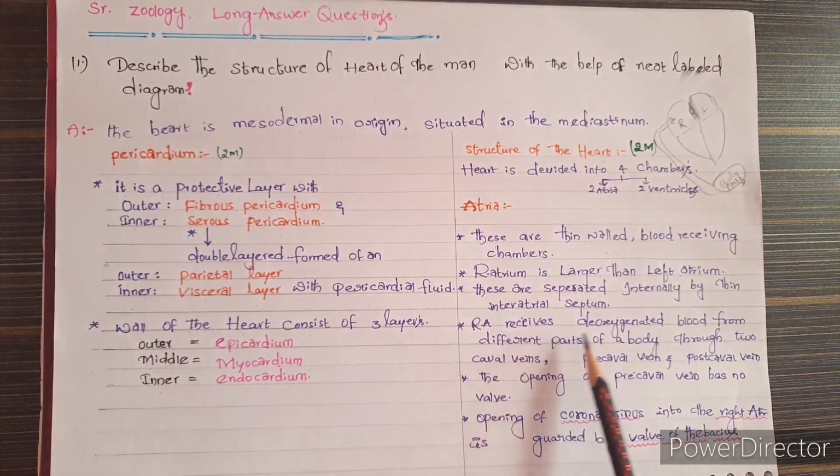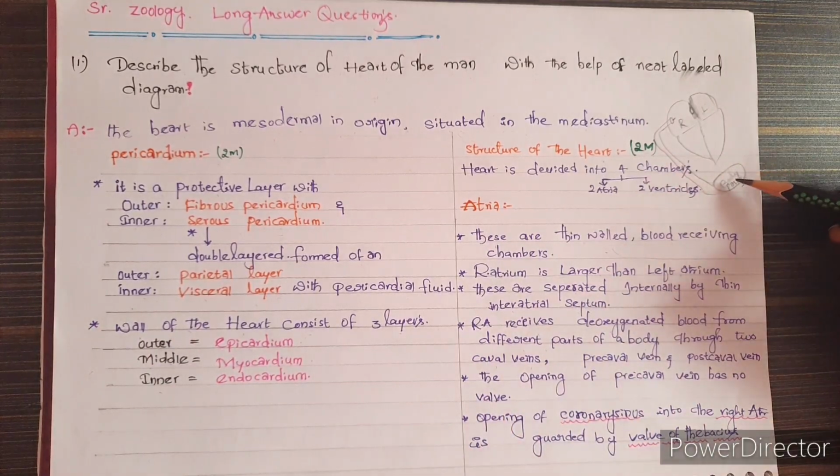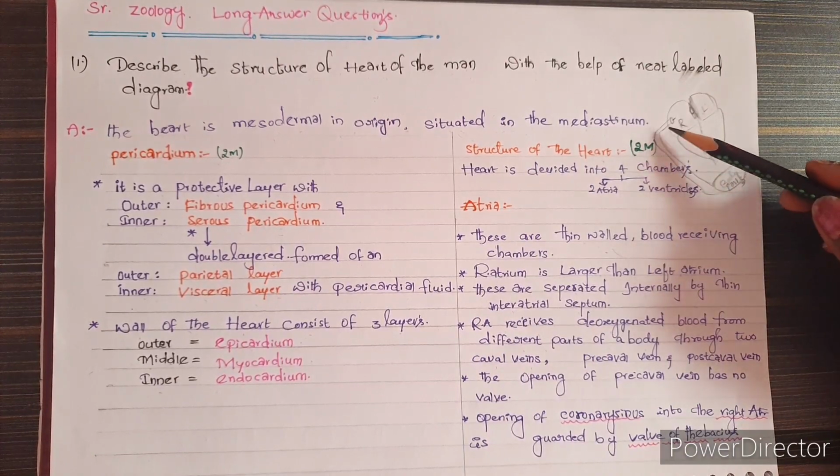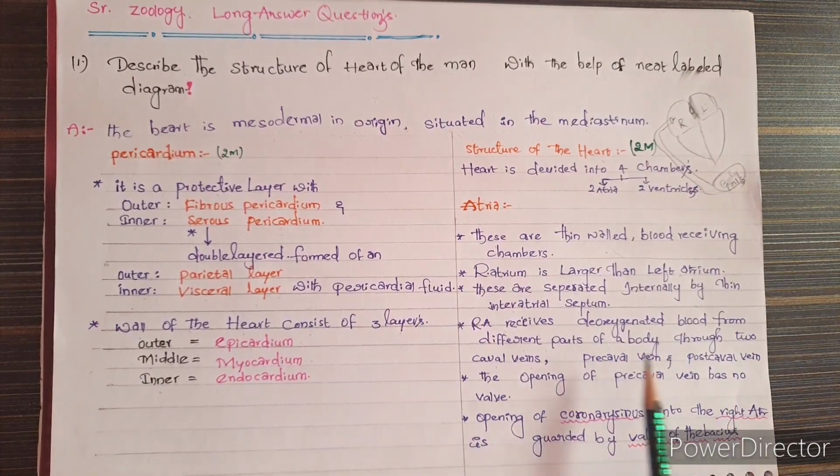The right atrium receives deoxygenated blood from different parts of the body through the two caval veins, precaval vein and postcaval vein.